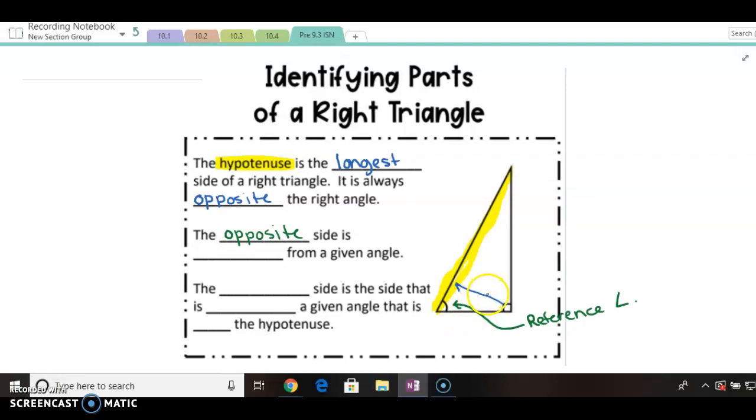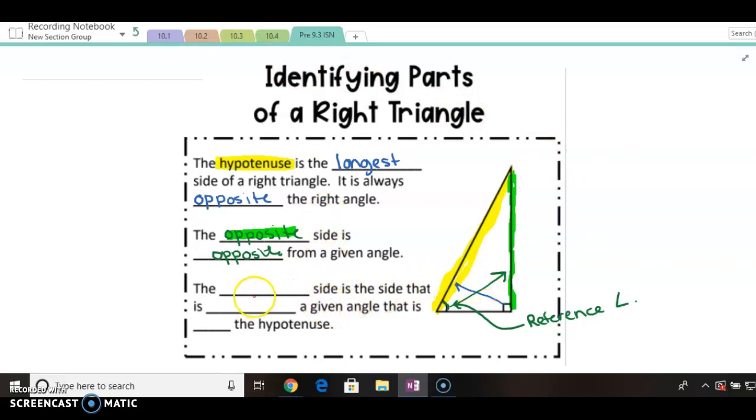We'll talk more about that in a little bit, but anyways, the opposite side is simply going to be opposite of that angle. When I say opposite of this angle, that means I'm going through the triangle, and this would be the opposite. So I'm going to highlight opposite in green, and I'm going to highlight this side here in green as well. So there's 2 of the 3 sides.